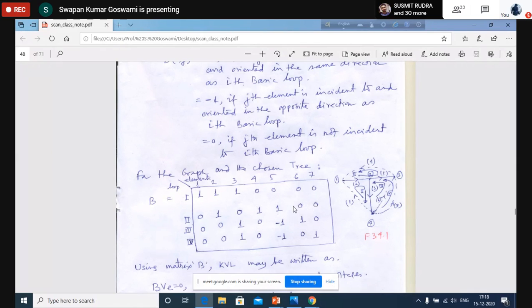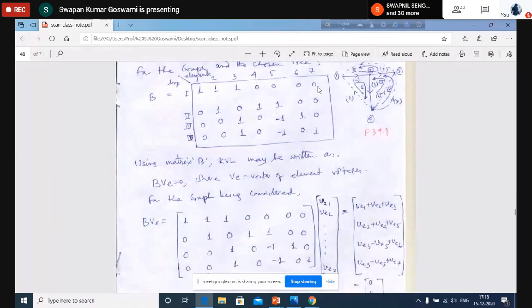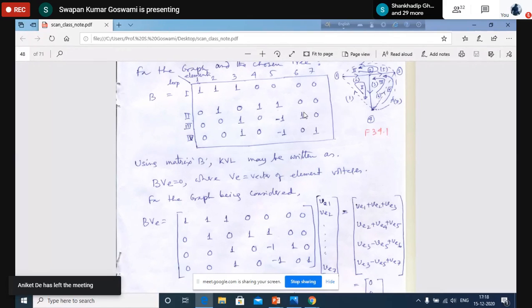Now let us see how this B matrix may be utilized. The A matrix has been utilized to write KCL, Kirchhoff's current law, and also to express element voltage in terms of node voltage. Now, the B matrix is the loop incidence matrix, expressing the loops in the graph, or the loops in the network.